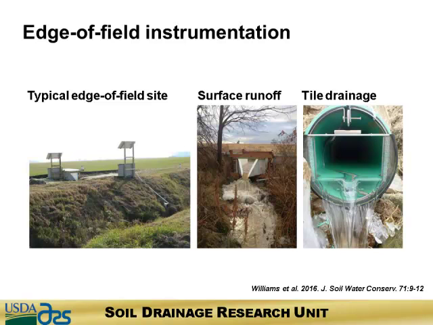So, edge of field. I don't want to spend a lot of time on this, but if you've driven through the landscape, you may have seen these types of systems sitting out in the fields and wondered what they are. This is our typical edge of field site. We have both the surface flow and the subsurface flow captured at most sites.